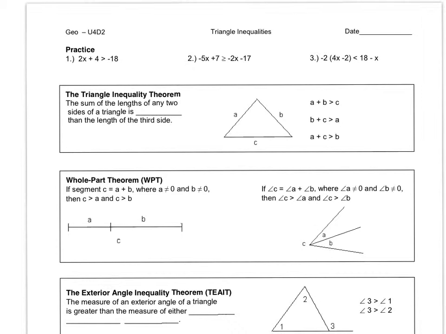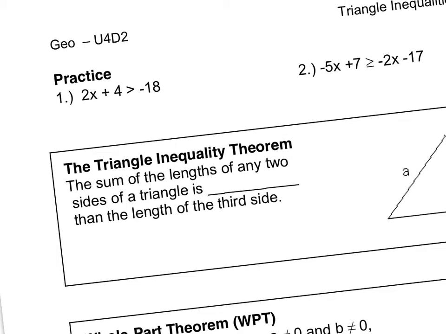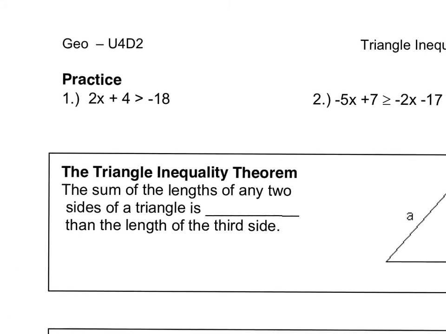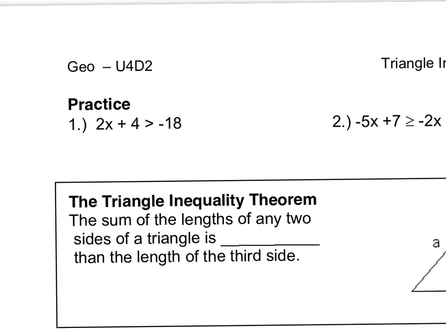In order to start with our triangle inequalities, we have to practice with some basic inequalities that we learned back in algebra. So if we focus on number 1, we want to solve this just like a regular equation. So we start by subtracting 4 from both sides.